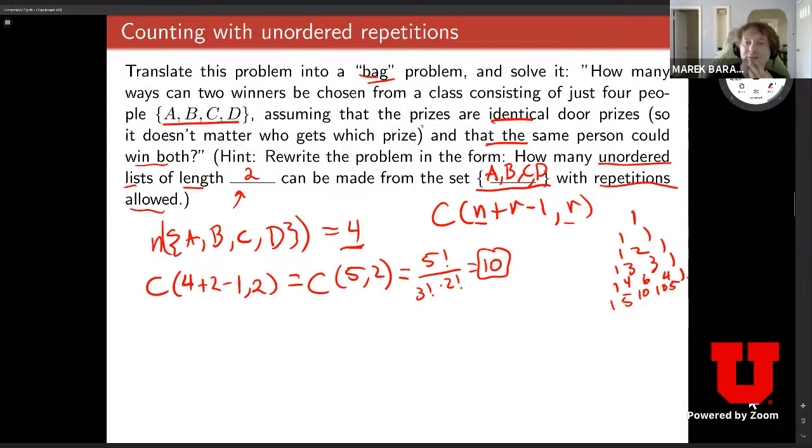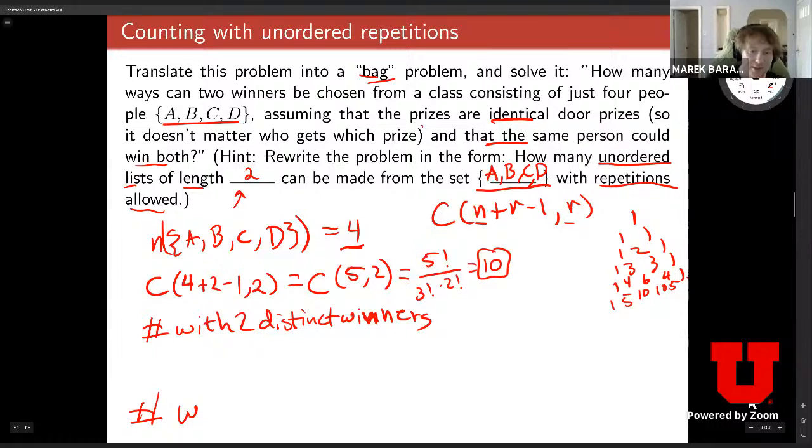Can anyone think of another way to do this? So what if we just did the number with two distinct winners, and the number with one person winning twice?